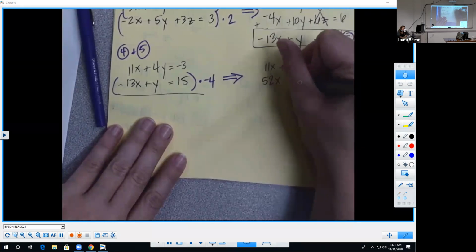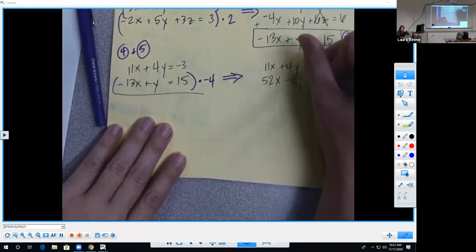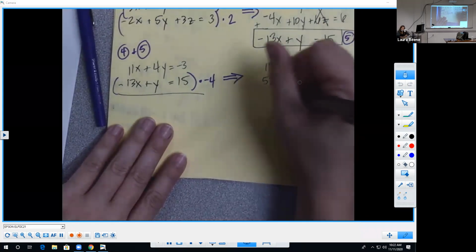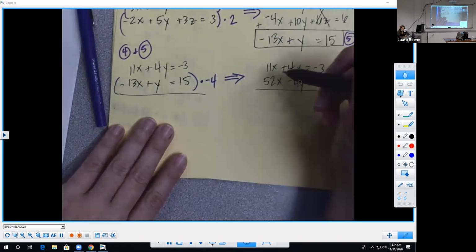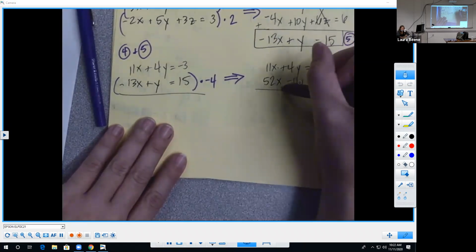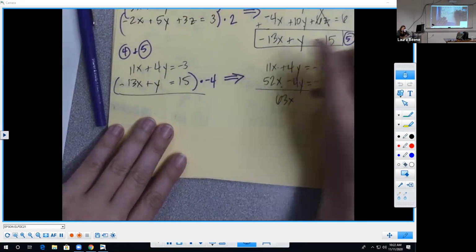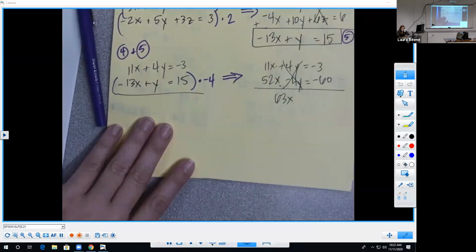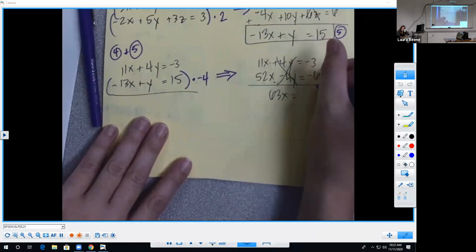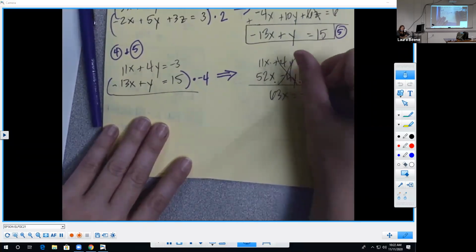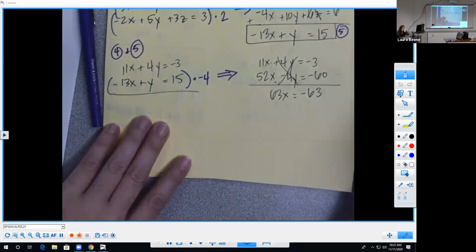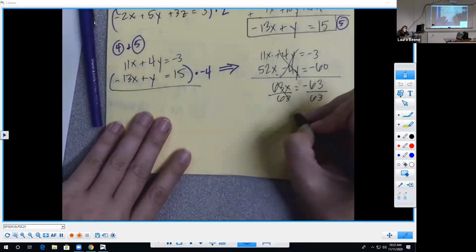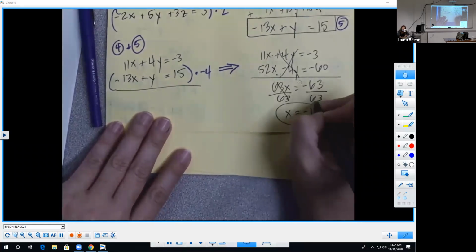And then minus 4y equals negative 60. 11x plus 52x is 63x. 4y and negative 4y undo each other. Negative 3 and negative 60 is negative 63. Solve for x, divide both sides by 63, and you get x equals negative 1.